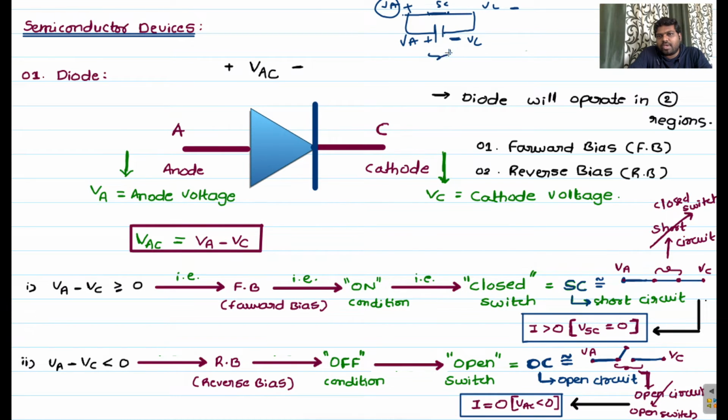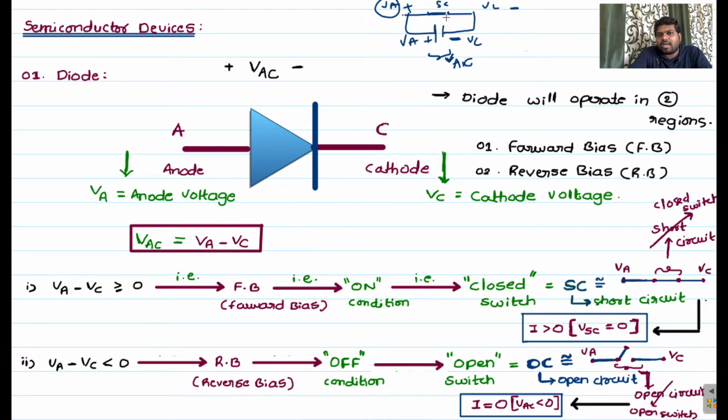Now this drop equals VAC. For example, if you connect a 5 volt battery, the battery positive terminal should be considered Va and the battery negative terminal should be considered Vc. The entire drop across that cell or battery equals VAC, applied across this short circuit.